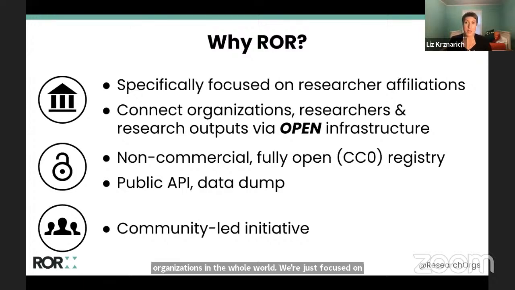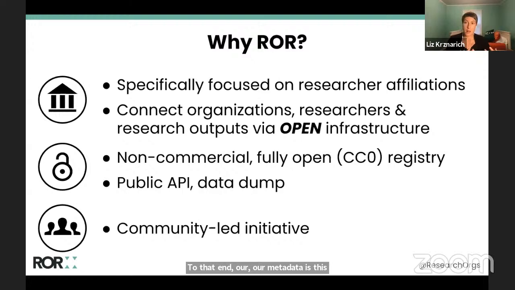But really the big gap that we're trying to fill is serving as that open parallel to DOIs and ORCID identifiers, meaning that the metadata is open, the registry is open. Anybody who finds a ROR identifier can resolve it and get the metadata associated with it. So you won't run into paywalls or dead ends. To that end, our metadata is fully open.